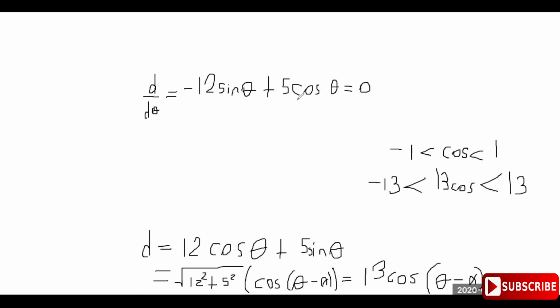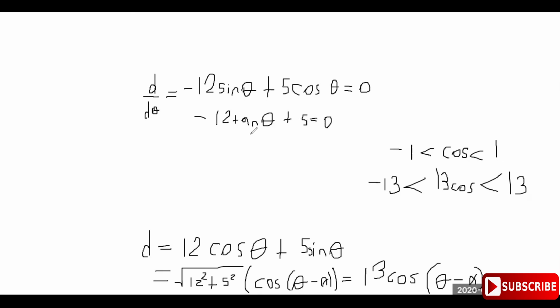Now if I divide this equation through by cos, not sine, cos, sine over cos is tan theta, so minus 12 tan theta plus 5 equals 0.